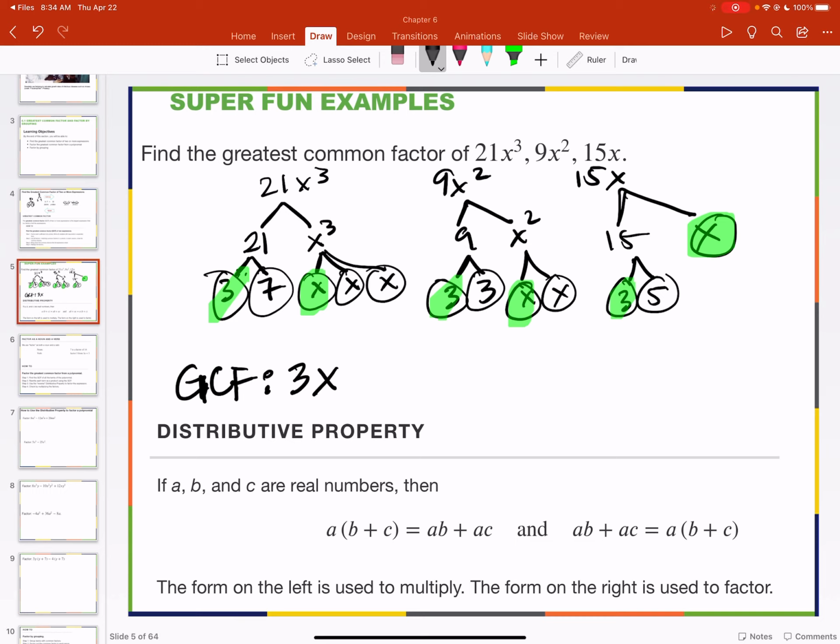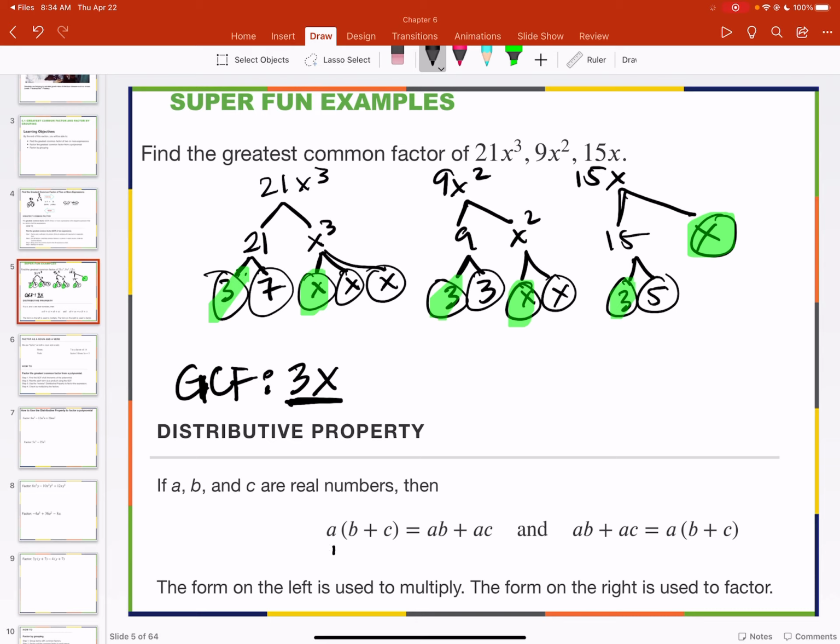Okay, so eventually you don't have to write this chart every single time. You don't have to make the little trees unless you want to, because eventually you can figure out what divides into all three. It's the greatest thing. And remember the distributive property.